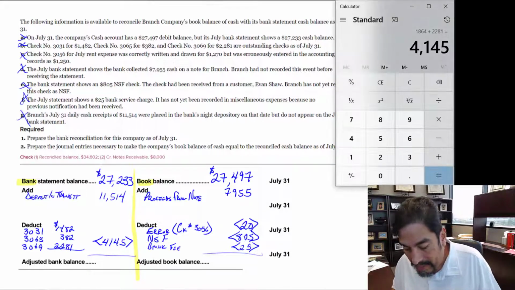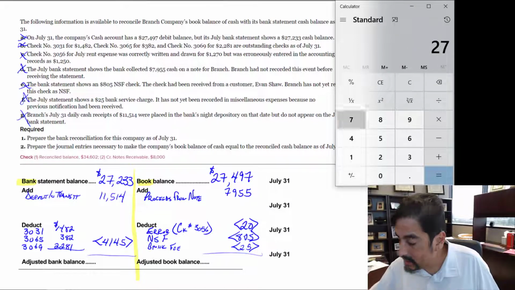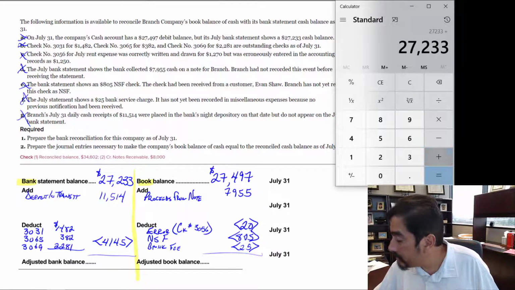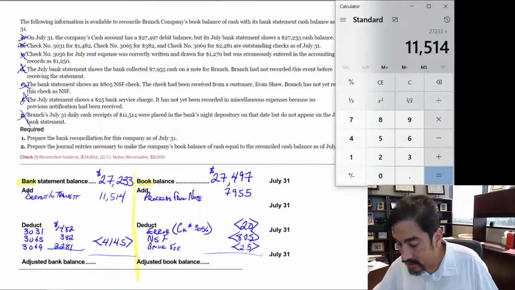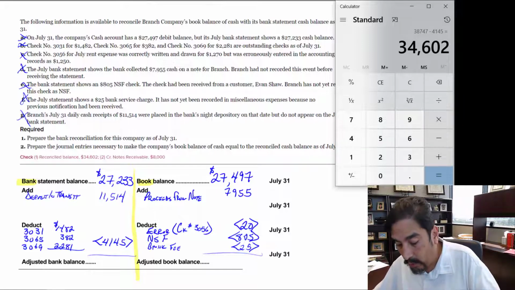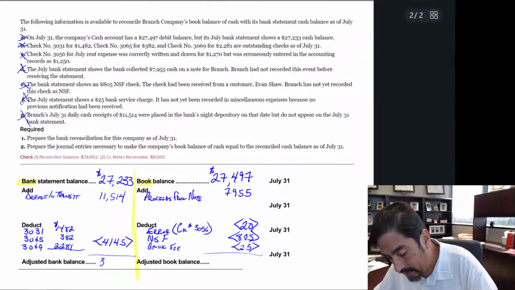Let's start on the bank side. 27,233 plus 11,514 minus 4,145 is 34,602.